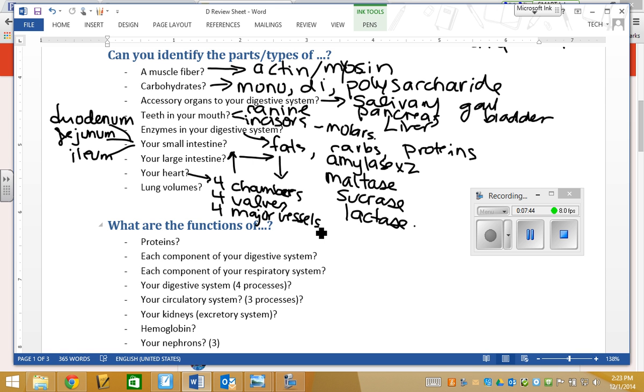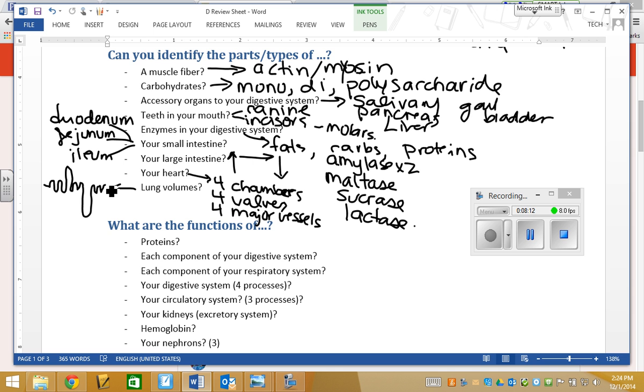The last one is the parts or types of lung volumes. And so I'll remind you that we talked about what it would look like on a picture, on a spirograph. We looked at them. There was one in your textbook. We did it on a quest. I would definitely ask you about lung volumes with a picture and ask you what it represented, in a very similar fashion to what I did on the quest.